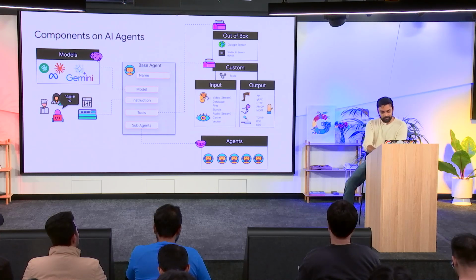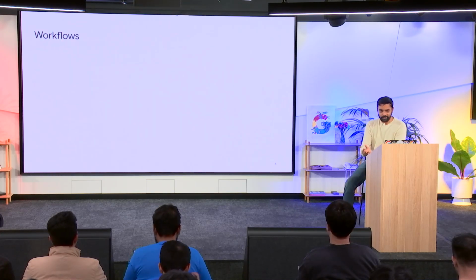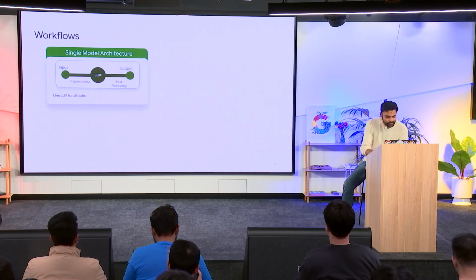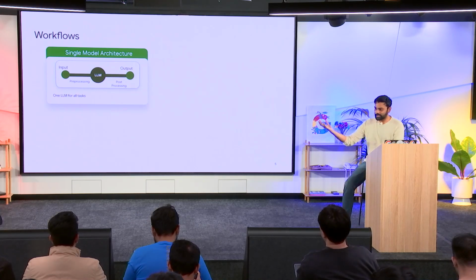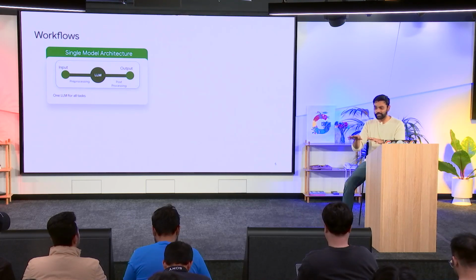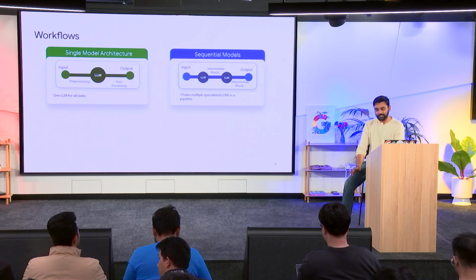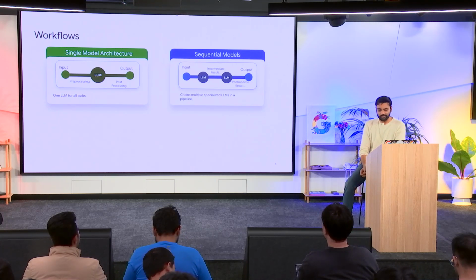Coming to the sub-agent side of things, there are workflows, right? If you have 5 agents, then they can do something in a very specific manner. The simplest one is a single model architecture. You ask it something, it provides you back something. It has access to tools and whatnot, but that's all it does. The next type of workflow that is very common is sequential models.